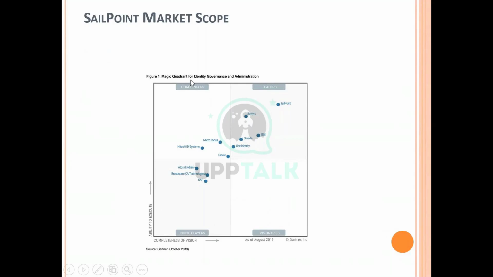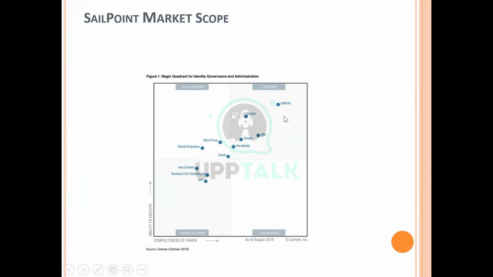And this is for the identity access governance, and you can simply go and check for the access management. You can check who is leader in the video conference applications. You can simply check who is leader in the cloud services. So Gartner provides this data for all the technology.